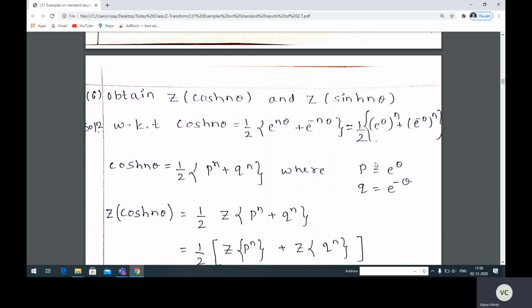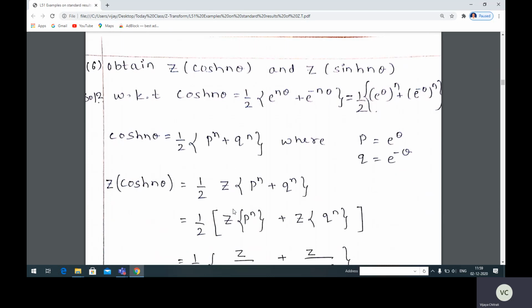So cos hyperbolic n theta is equal to 1 by 2 (e raised to n theta plus e raised to minus n theta), which is 1 by 2 ((e raised to theta) raised to n plus (e raised to minus theta) raised to n). I'll take e raised to theta as p and e raised to minus theta as q. So cos hyperbolic n theta is equal to 1 by 2 (p raised to n plus q raised to n), where p is e raised to theta and q is e raised to minus theta.